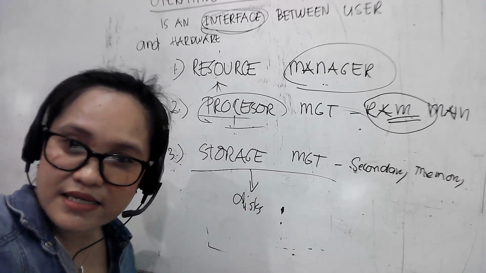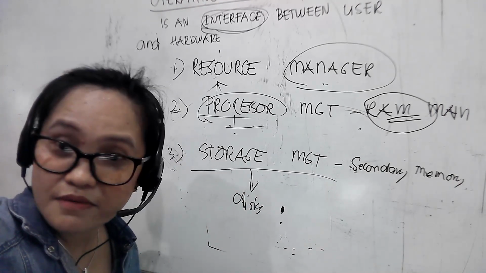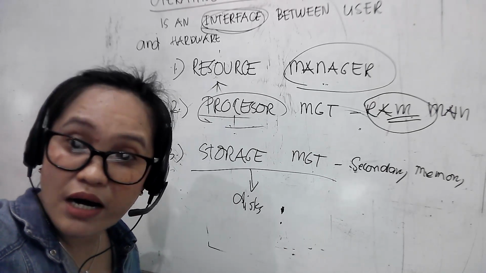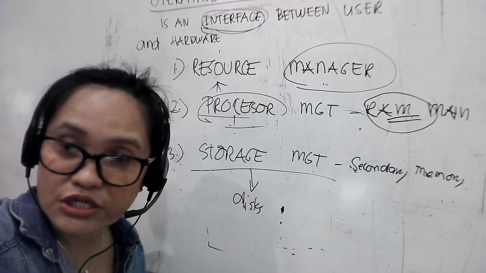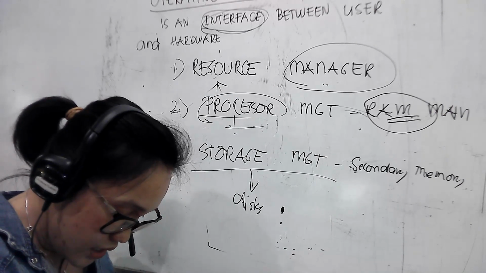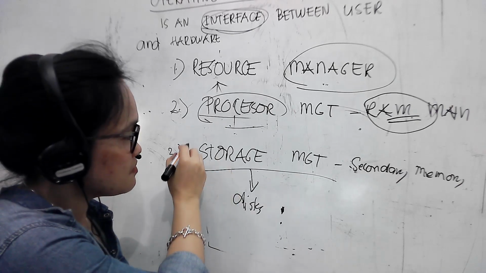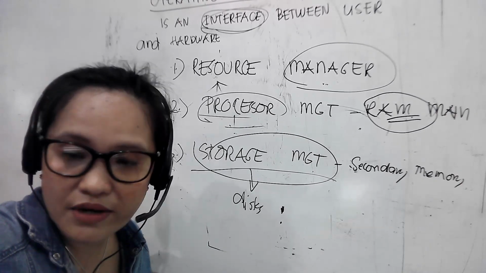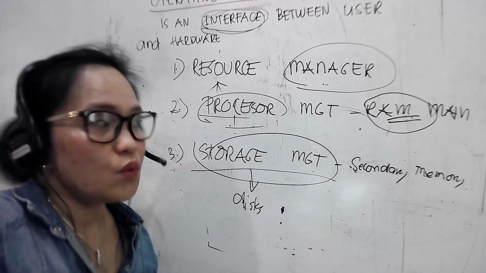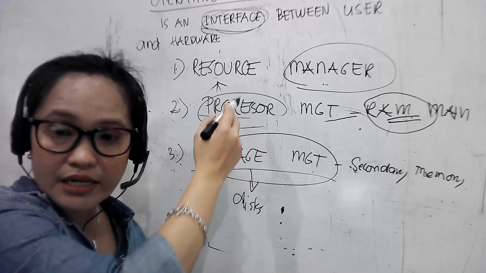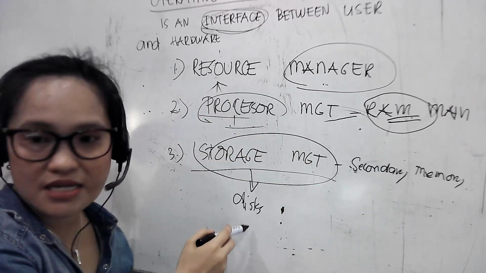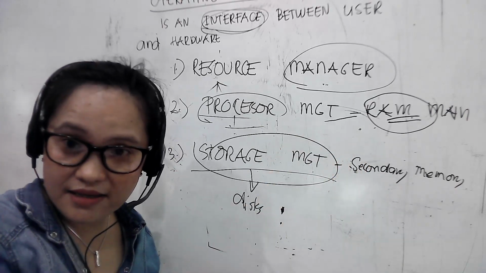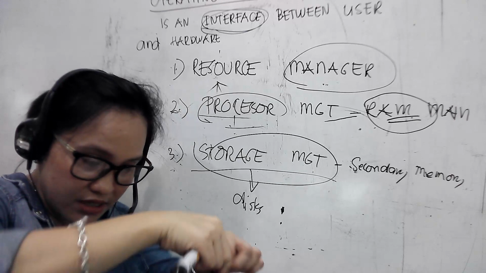Our hard disk, before it was the floppy disk, we have the flash drive, and so many other storage devices. This is storage management. This is where you store your data, your documents, or whatever data you have permanently, whereas the RAM is temporary. You can find the RAM in the motherboard, lined up.